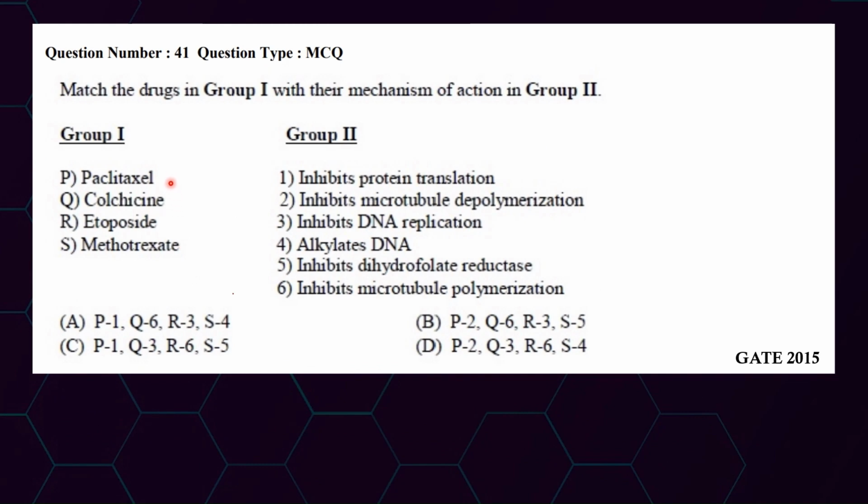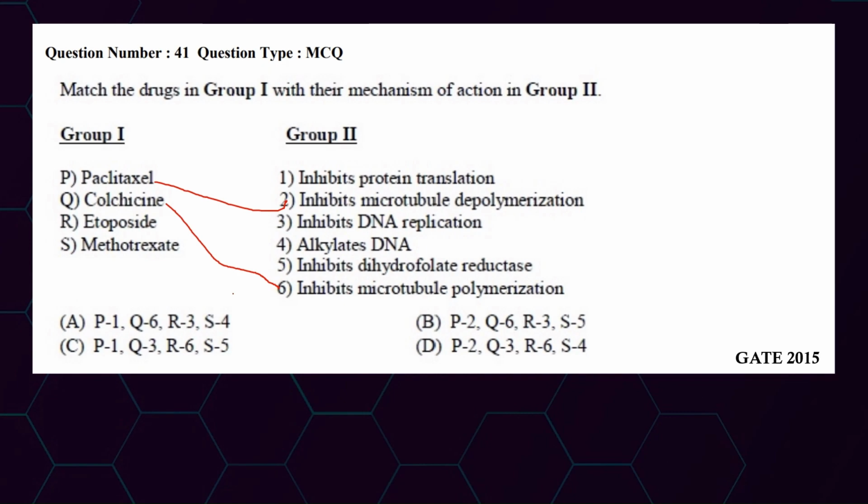So let's match the drugs with their respective mechanism of action. For paclitaxel, it inhibits the microtubule depolymerization, so P2. For colchicine, it inhibits the microtubule polymerization, so Q6.